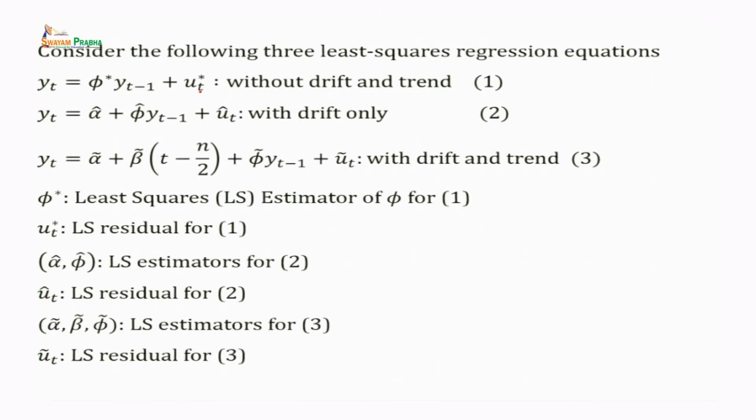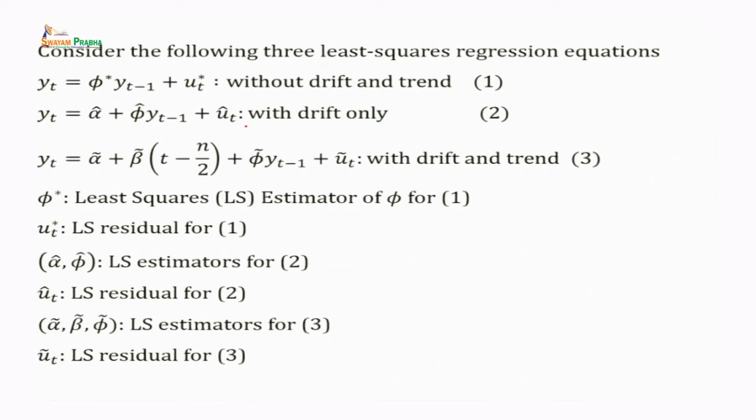Similarly, for the second equation, we run regression between y_t and y_{t-1} with a drift term, and alpha hat and phi hat are the least square estimators of alpha and phi respectively.